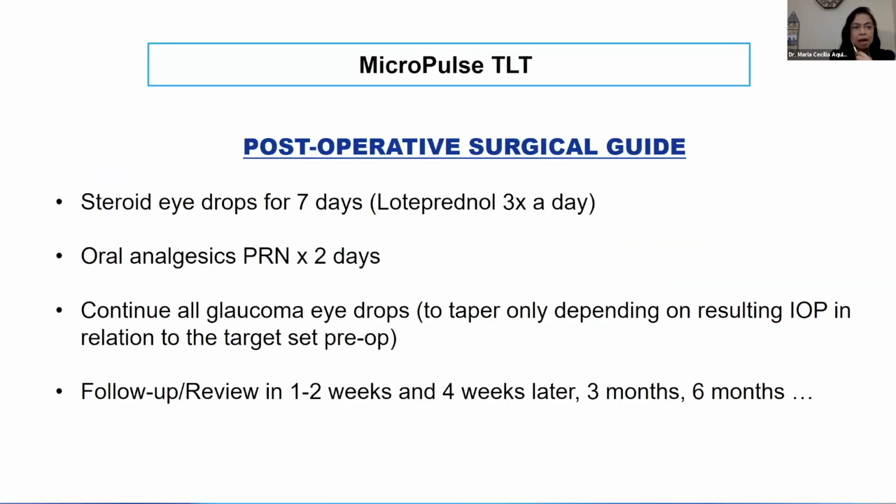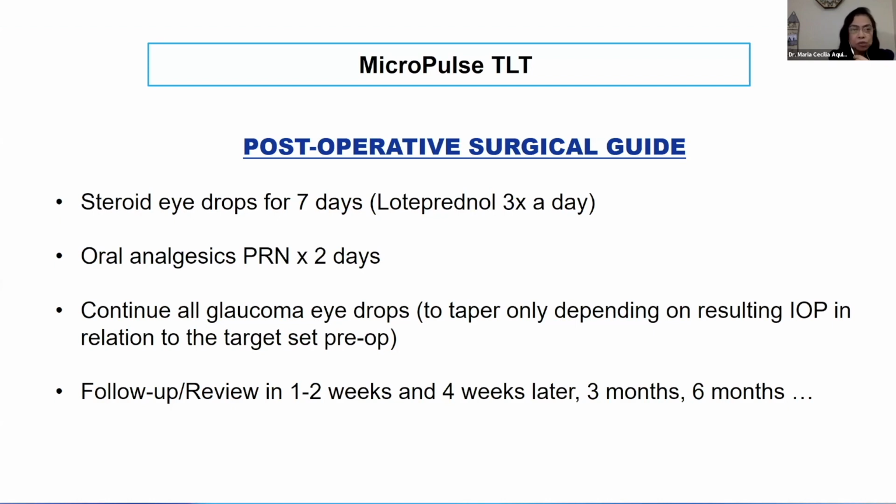Post-operatively, after the treatment, you can give your patients 1 week of topical steroids because the inflammation is not so much. So for us, 7 days of loteprednol 3 times a day is usually enough to cover the inflammation for a week. And you can also give some oral analgesics as needed for 2 days.